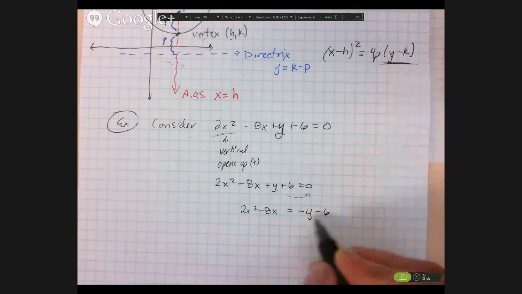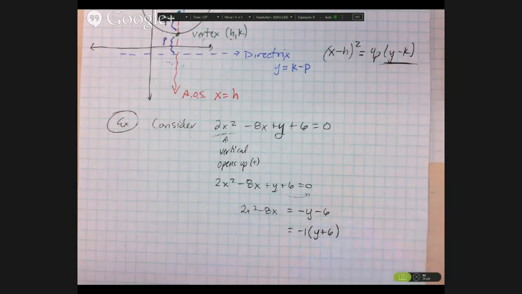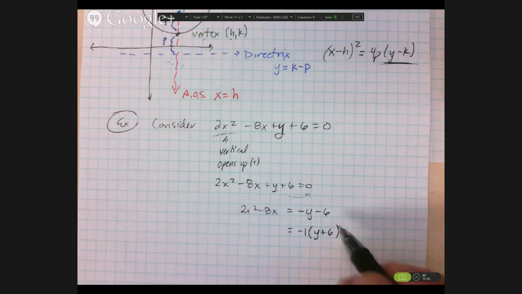So I'm going to pull a negative 1 out of everything here. And the right side is in pretty good shape. Yeah, we might have to put it back in the other form. We'll see. Eventually, we might have to use this still, but we'll see.